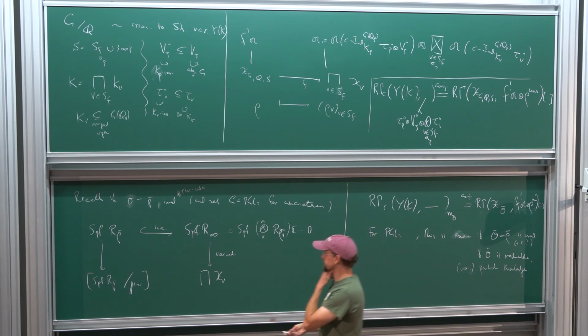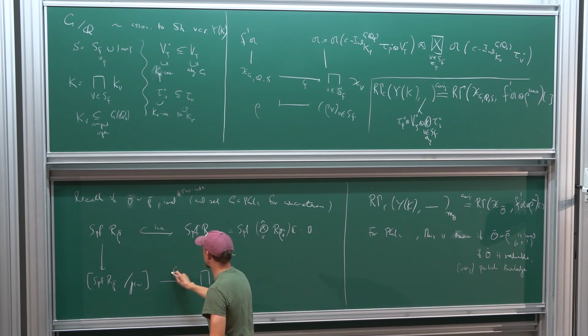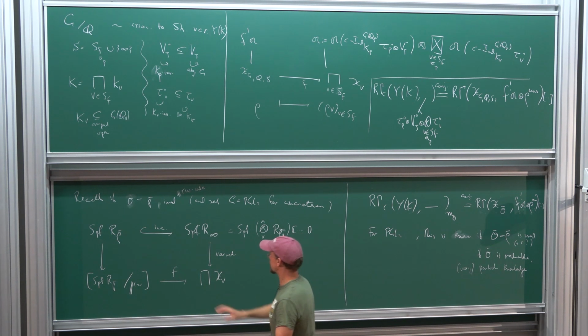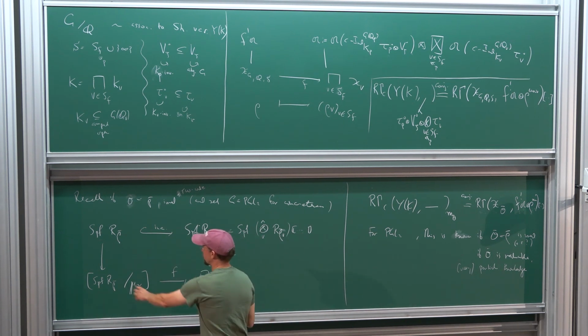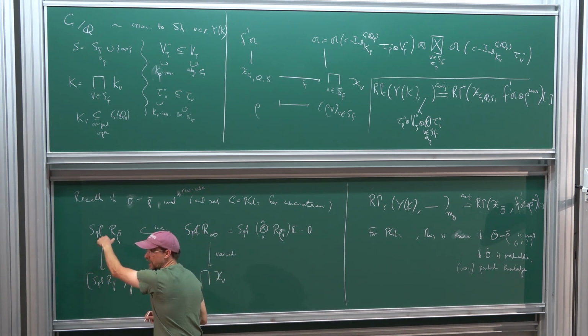So this is this map F, but since you can basically ignore this arrow, you can pretend this arrow is an isomorphism.